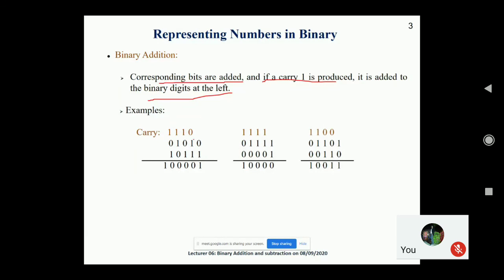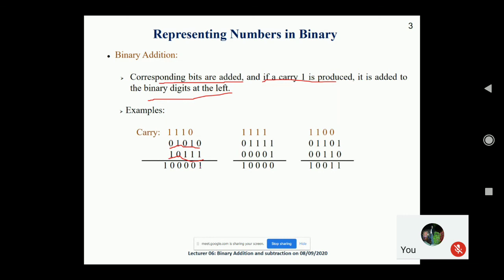Suppose in this particular example we are interested in adding 0101 and 1011. Initially there is no carry, it is null.